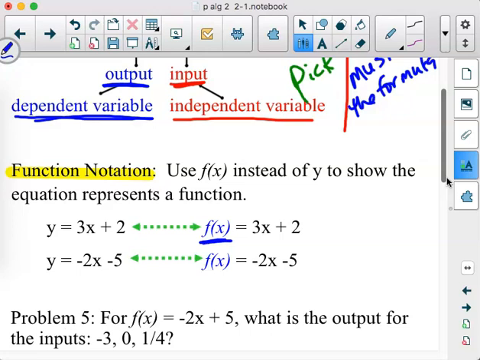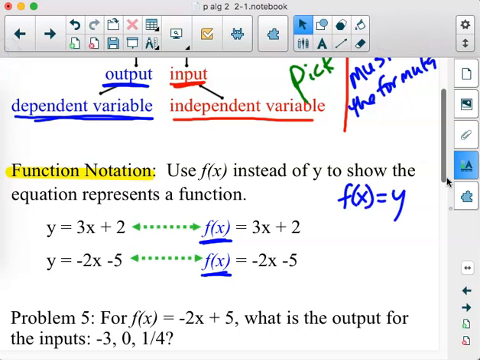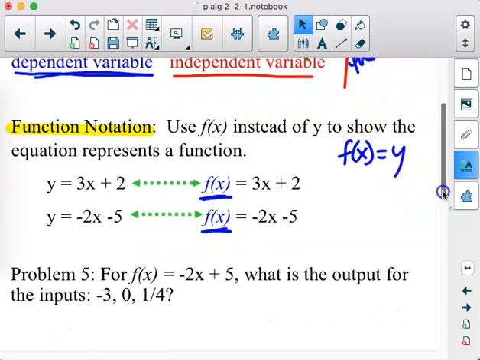And y equals negative 2x minus 5, f of x equals negative 2x minus 5. It is just notation. Don't let it mess with you. Remember, f of x is just y. That's all it is. So it's really just the output. But it's fancy to let people know, hey, this is a function. This is not just any relation that happened out there. It's special.